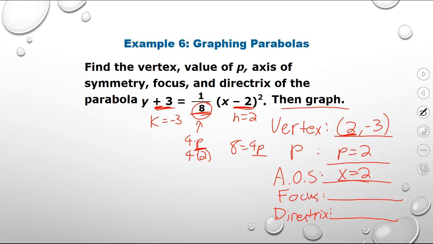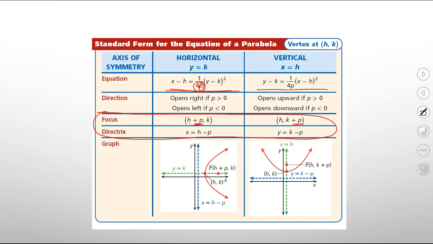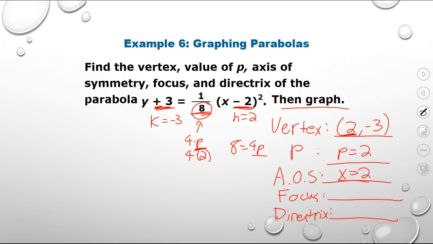The focus, all right, now here's the thing. We have a formula for that as well. It's back on this previous slide. For vertical parabolas, the focus is h and then k plus p. So I have h was 2, right? And then k was negative 3.